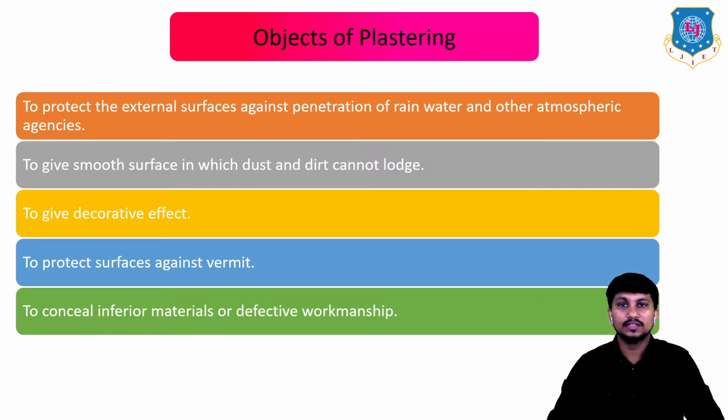Third, it is used to give decorative effect in the building. Fourth, it is used to protect surfaces against vermin. And the last is it is used to conceal inferior material or defective workmanship. It is used to cover defective workmanship in, you can say, concreting, etc. So these are the main objectives of plastering.